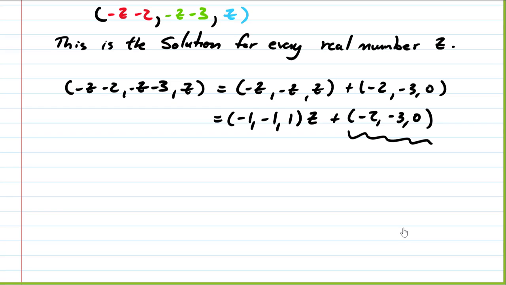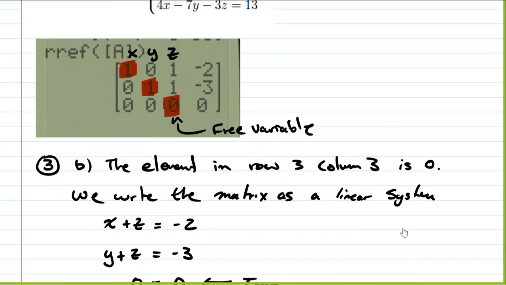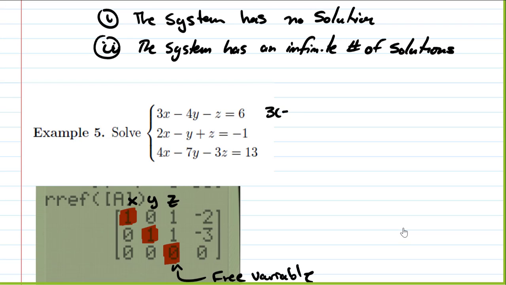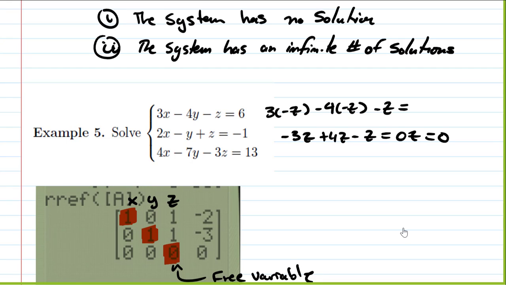Because if I were to plug in -z, -z, and z into the original equation, I would have 3 times -z minus 4 times -z minus z, which would be -3z plus 4z minus z equals 0z, which is 0, no matter what I pick for z.